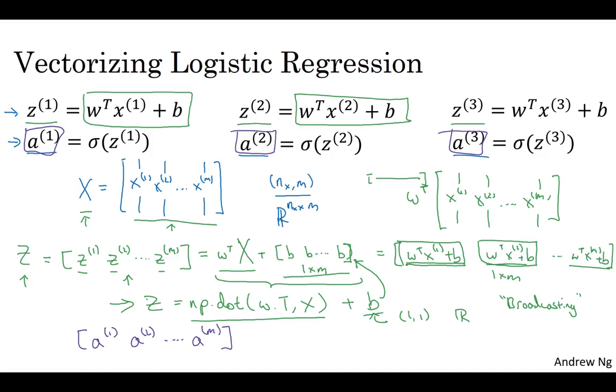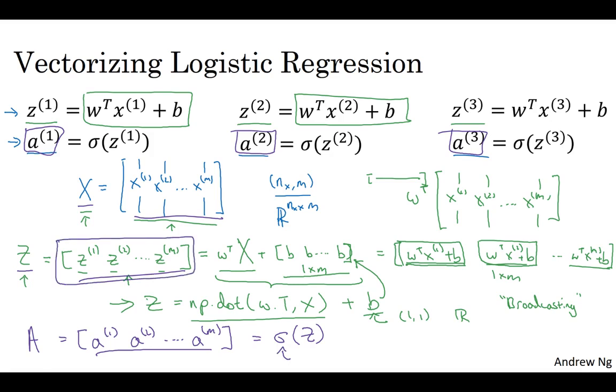And just as stacking lowercase x's resulted in capital X, and stacking means stacking horizontally, stacking lowercase z's results in capital Z, stacking lowercase a's is going to result in a new variable which we're going to define as capital A. And in the programming assignment, you see how to implement a vector-valued sigmoid function so that the sigmoid function inputs this capital Z as a variable and very efficiently outputs capital A. So you see the details of that in the programming assignment.